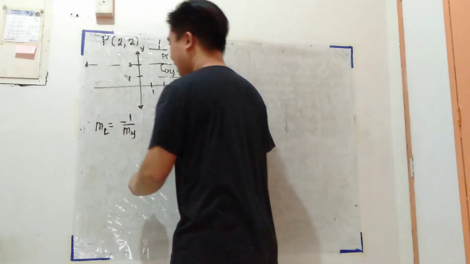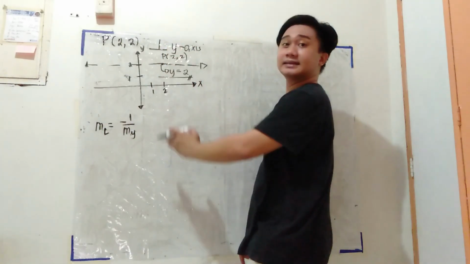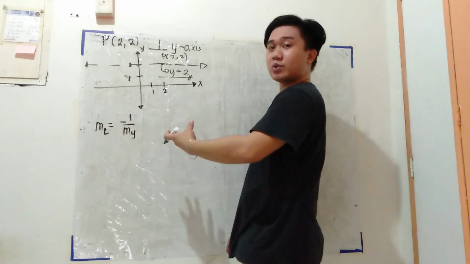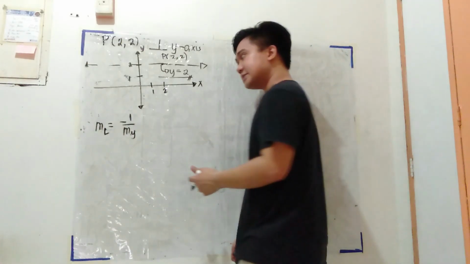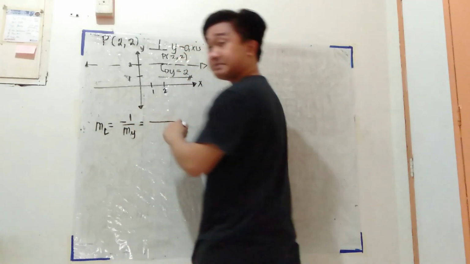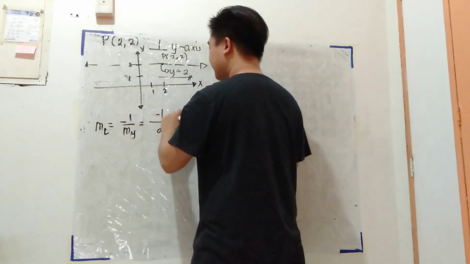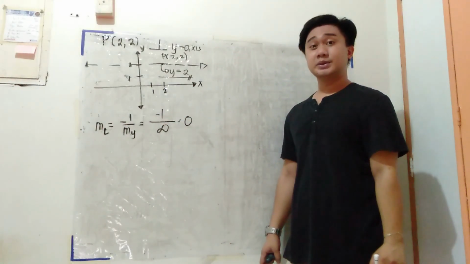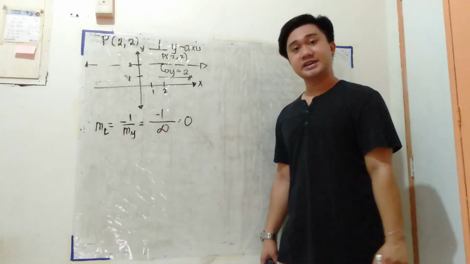What is the slope of the y-axis? Isn't it a vertical line? And a vertical line has an undefined slope, or simply infinity. So negative 1 over infinity, and any number divided by infinity is equal to 0. So now you have the slope of the line.